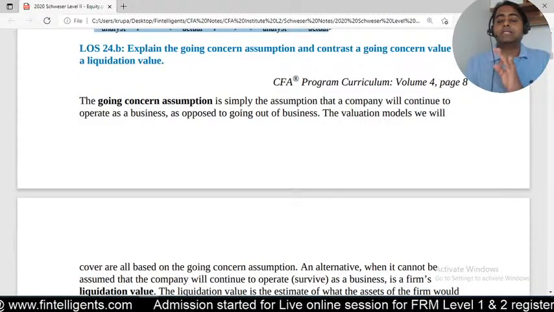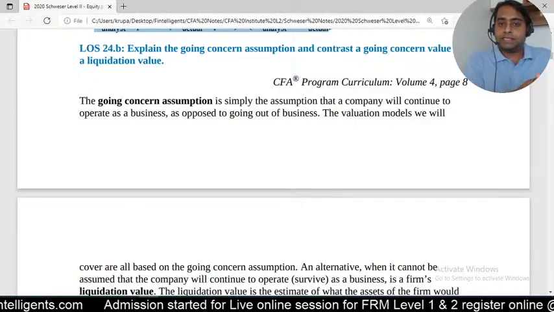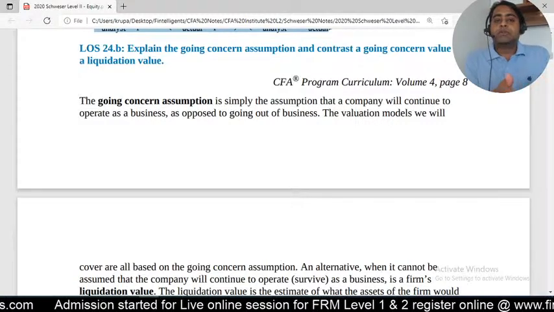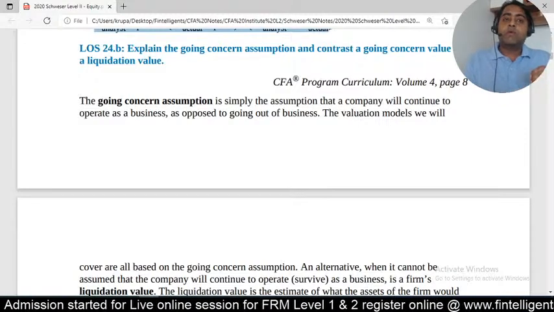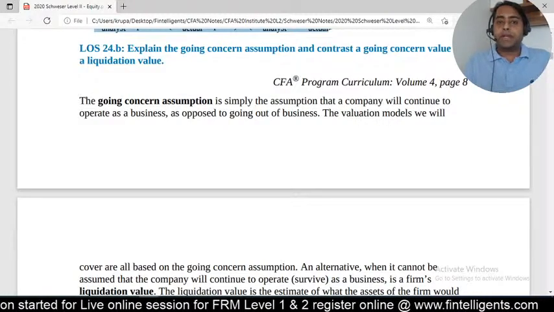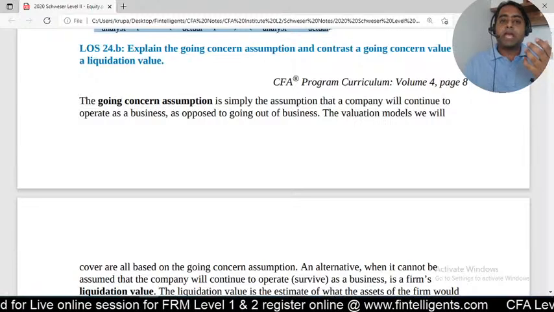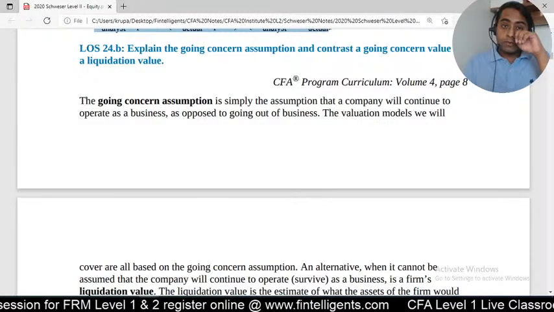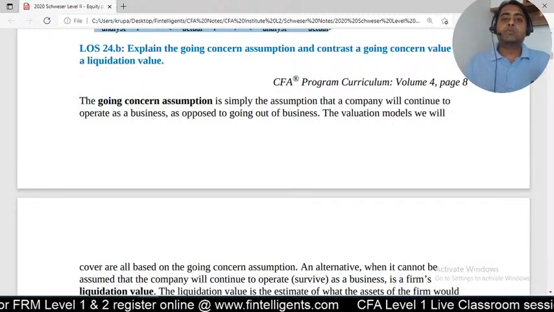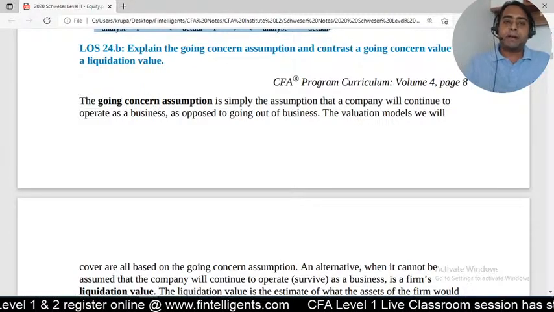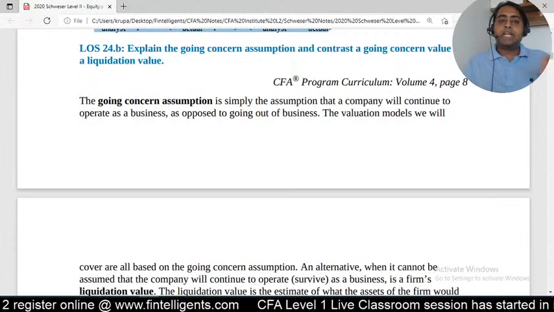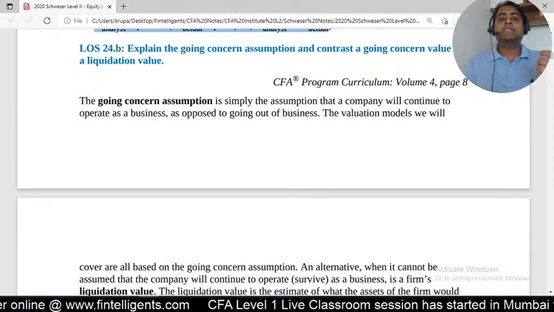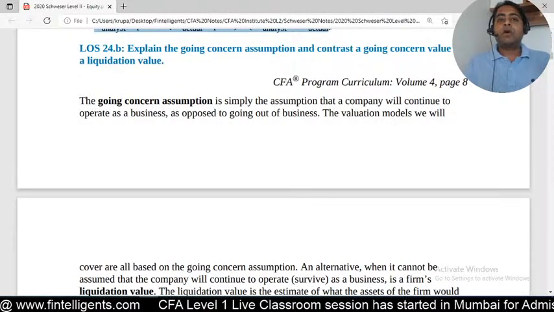Now, what is the going concern assumption? Whenever we run an organization, we term it as a going concern. The reason being, we don't know when it will liquidate. Ideally, hypothetically, that company should run till infinity. Obviously there can be some factors which can lead to the bankruptcy of that company. That's a different thing. But right now you start with an intention to run that company till infinity.